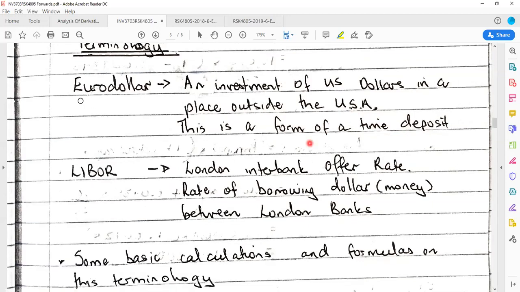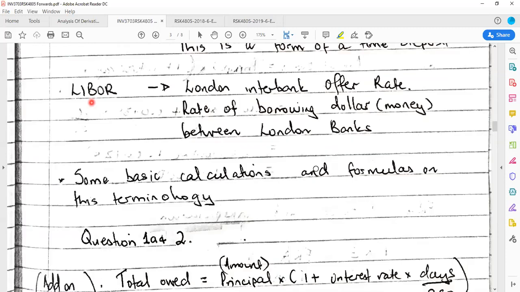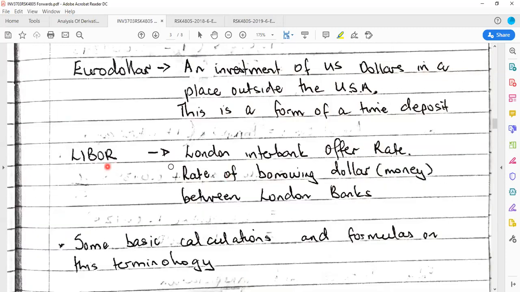Then we also have what we call the London Interbank Offered Rate, LIBOR. And we define LIBOR as the rate of borrowing dollars, or sometimes we just say the rate of borrowing money between London banks. So let's say London banks are dealing in dollars. They are investing dollars with each other. So there's an interest that they get for their investment, and the interest rate that they receive, we call that a LIBOR rate.